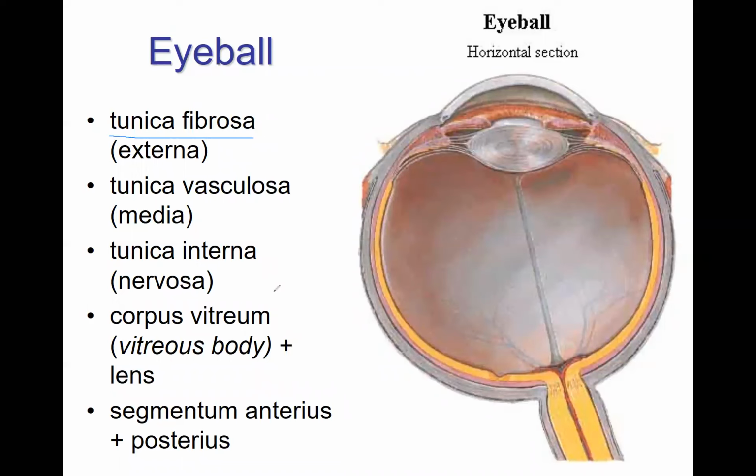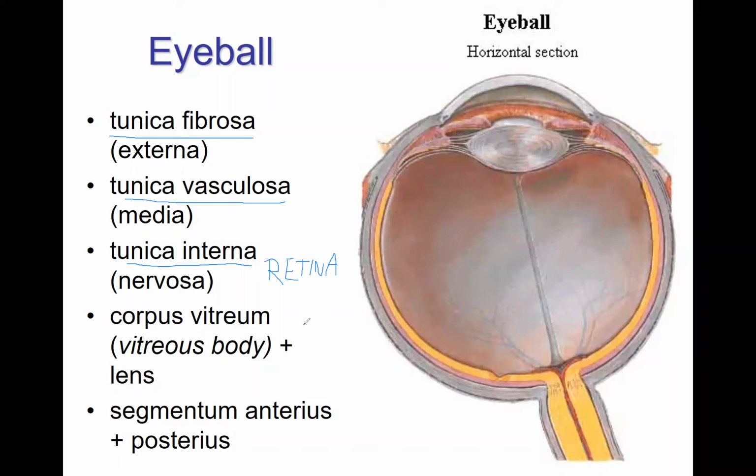Then we have the vasculose or middle layer. And then we have the internal or nervous layer, which is the retina, with rods, cones, and other neurons. So these are the three surface layers of the eyeball.